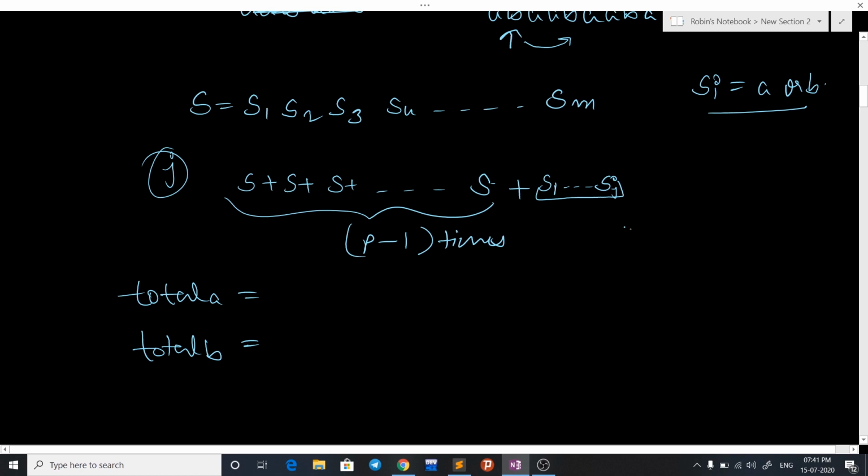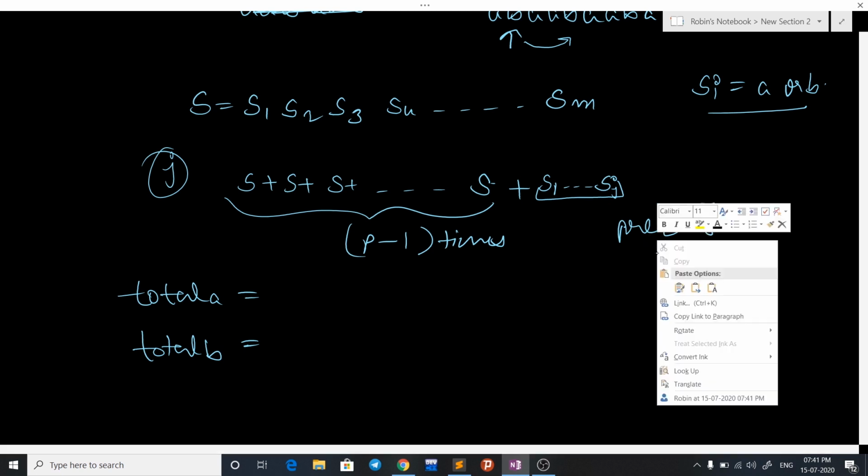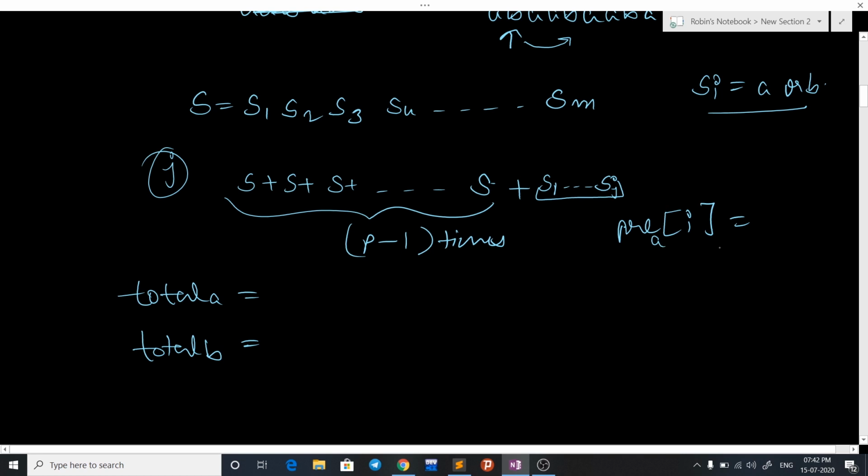In the prefix array, let's say we are finding for A, prefix I for A will be the frequency of A up to index I in S.